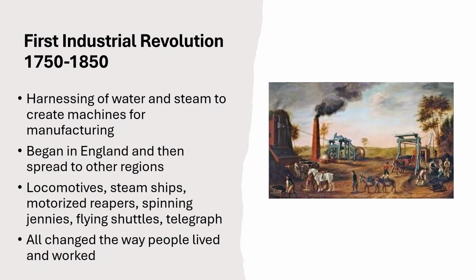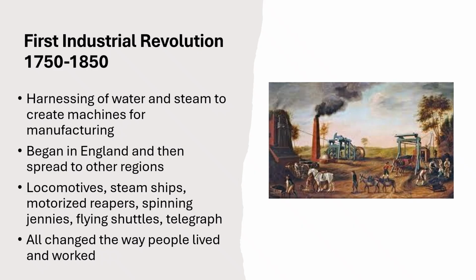All right, so what was really driving this imperialist expansion were the technologies that were coming out of the first industrial revolution. So the first industrial revolution is roughly the time period between 1750 and 1850.